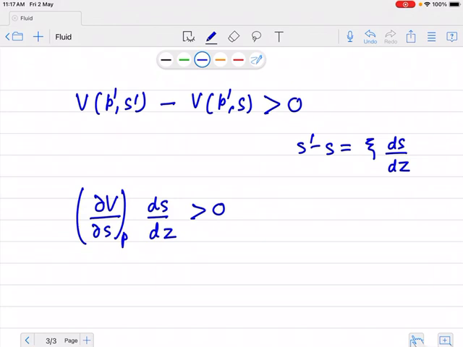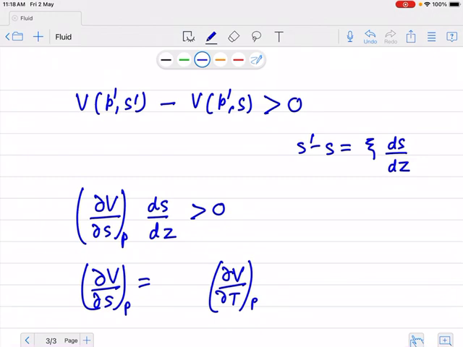And from thermodynamics, we know what dV over dS is: V is the volume and S is entropy, at constant pressure. It is nothing but dV over dT times T upon Cp, where Cp is the specific heat at constant pressure. It means this term, dV by dT times T by Cp times dS by dz, should be greater than 0.